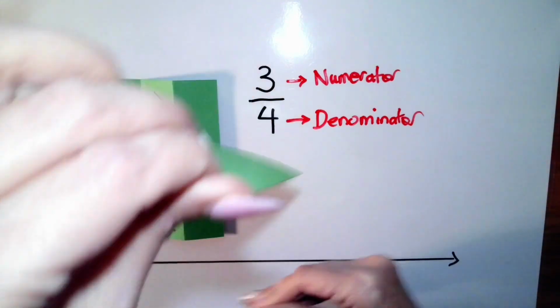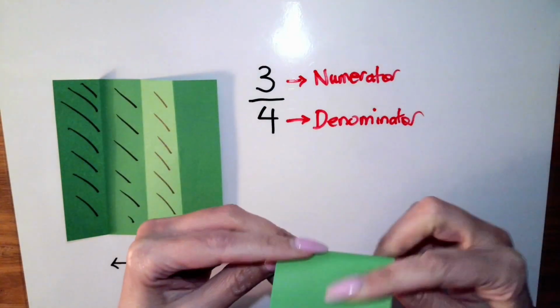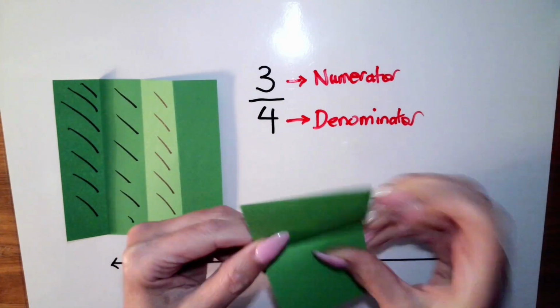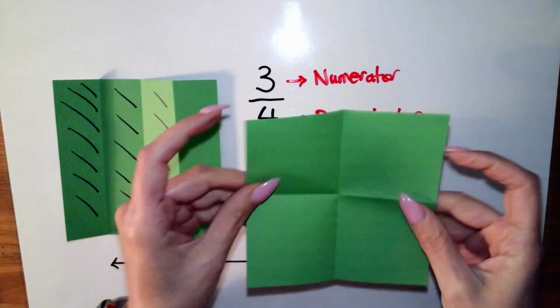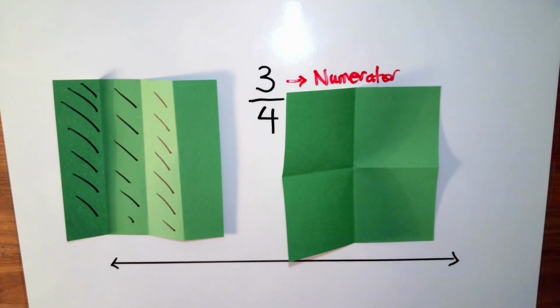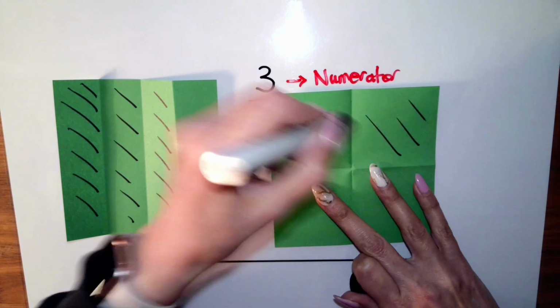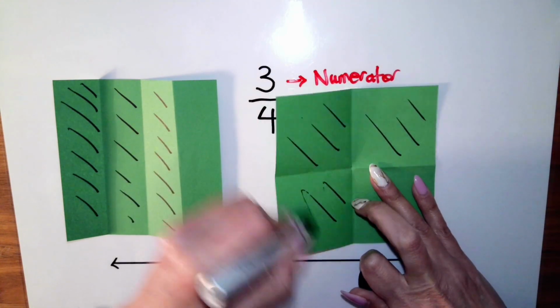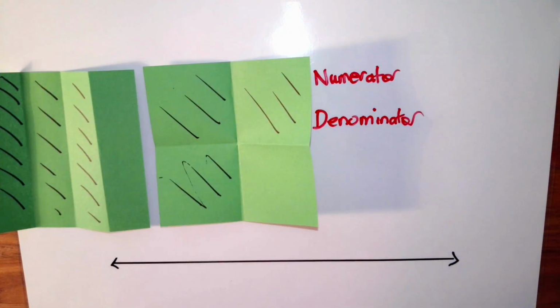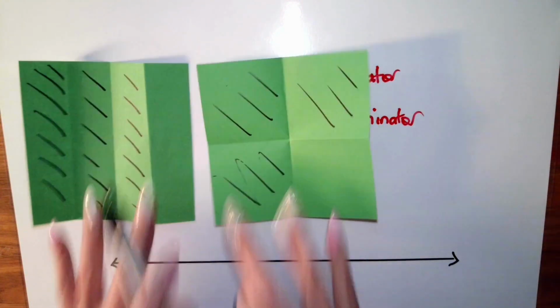Here's another way: they could fold into quarters, and when they open it up again, they've got 1, 2, 3. That is 3/4. So both of these represent 3/4.